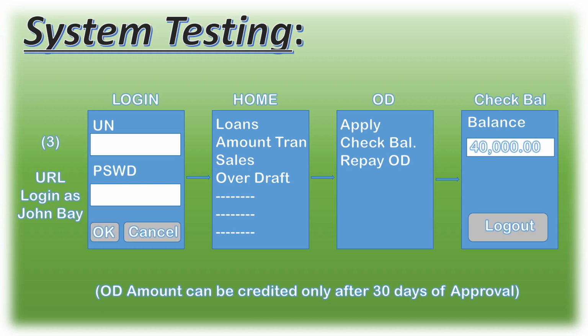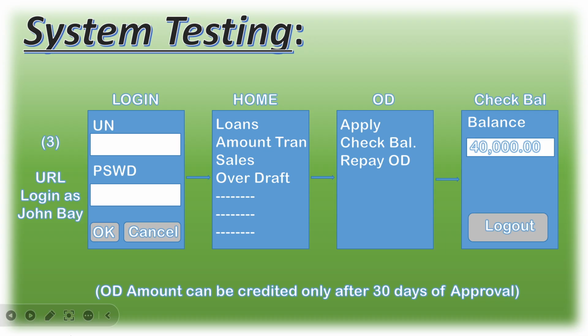You have approved on the 31st of January, and you can go to the database, and through SQL queries you can update the approval date as the 1st of January, so that on the 31st of January itself, the same date, you can check the balance for your testing purpose.